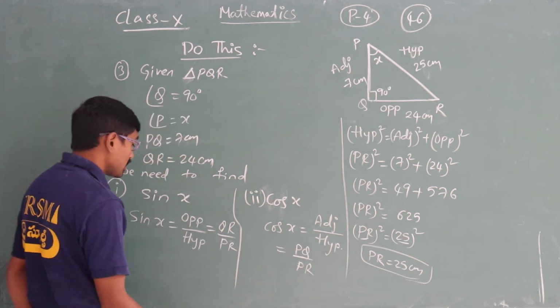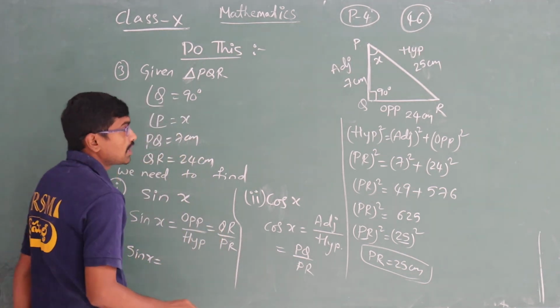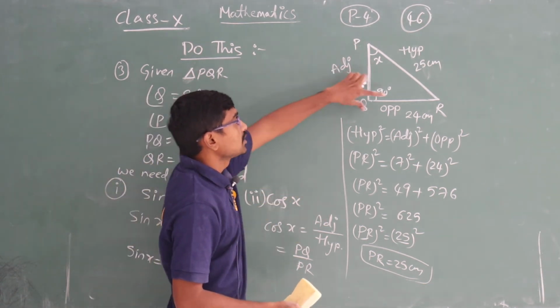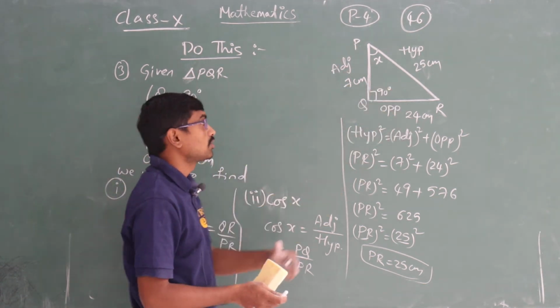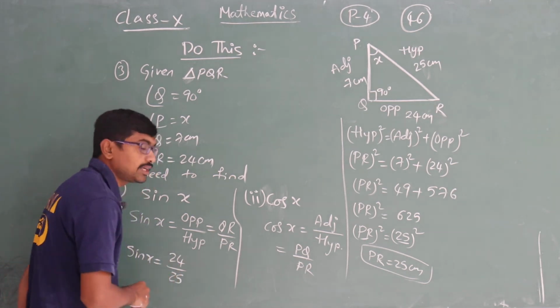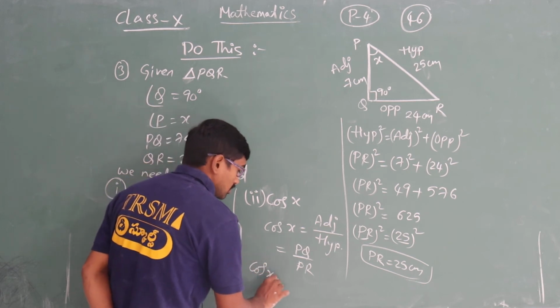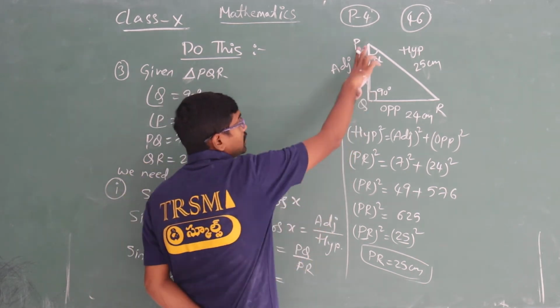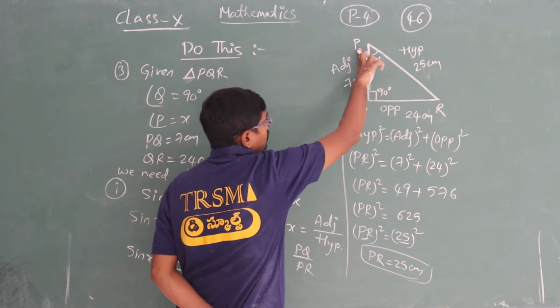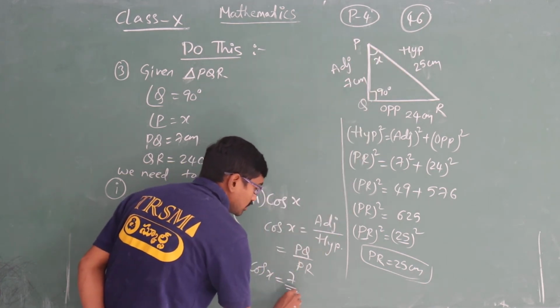Now substituting the values, sin x will be QR. QR is the opposite, 24. So 24 divided by 25. And similarly, when I take cos x, PQ divided by PR. PQ is 7 and PR is 25. So 7 divided by 25.